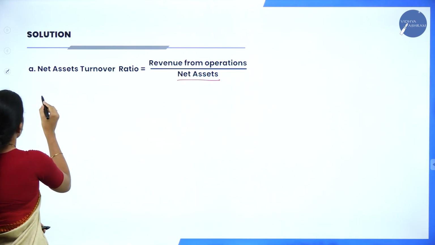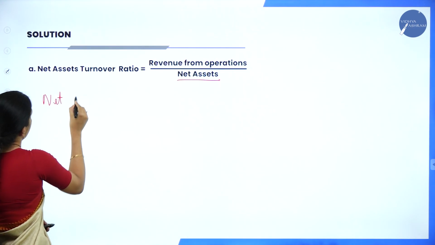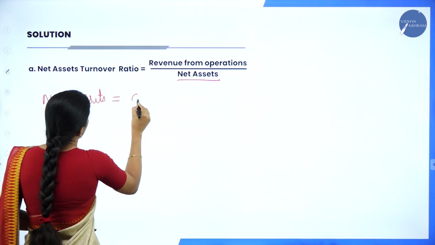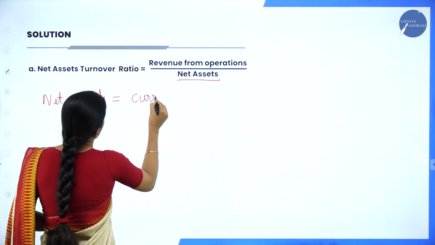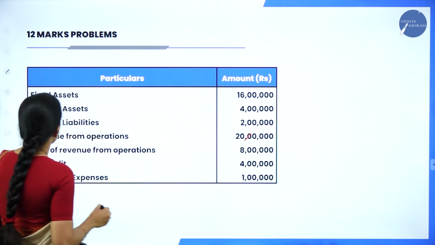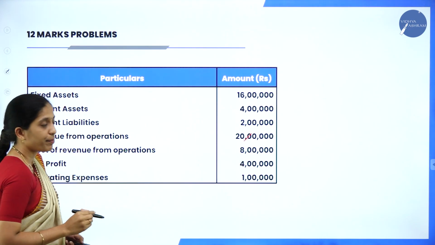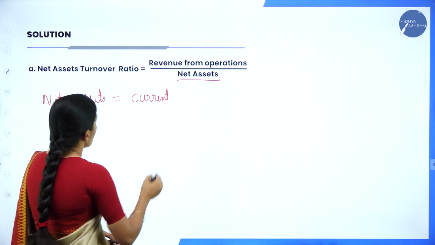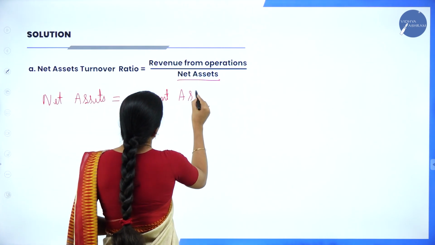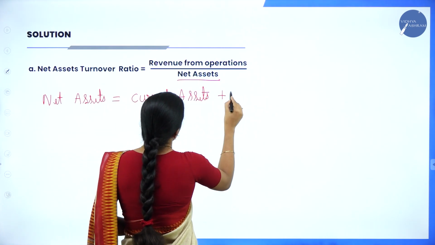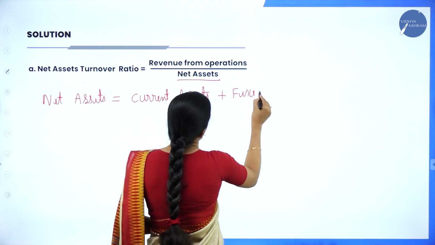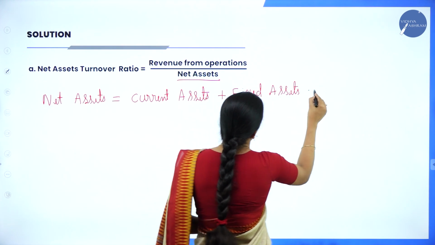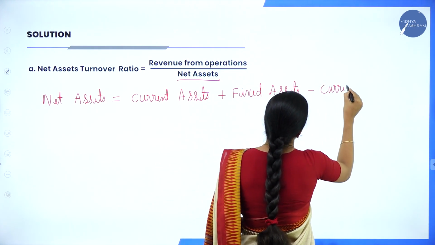Your formula is net assets is equal to fixed assets plus current assets minus current liabilities.